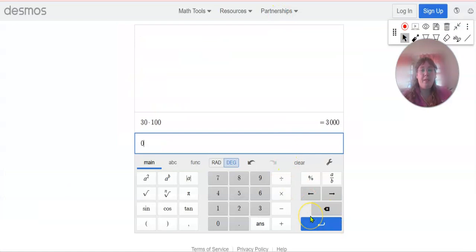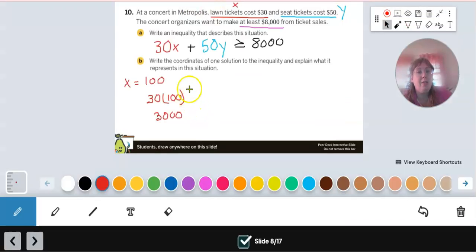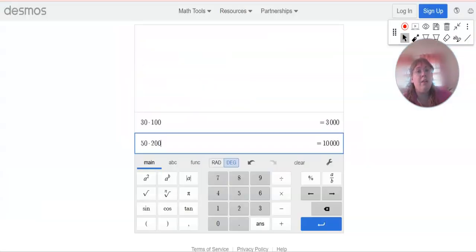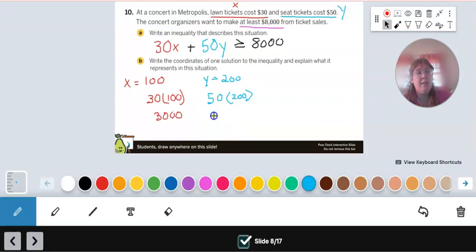So 50 times 500? No, that's a lot. Maybe 200. So if we sell 200 tickets, so if Y equals 200, 50 times 200 got us 10,000.